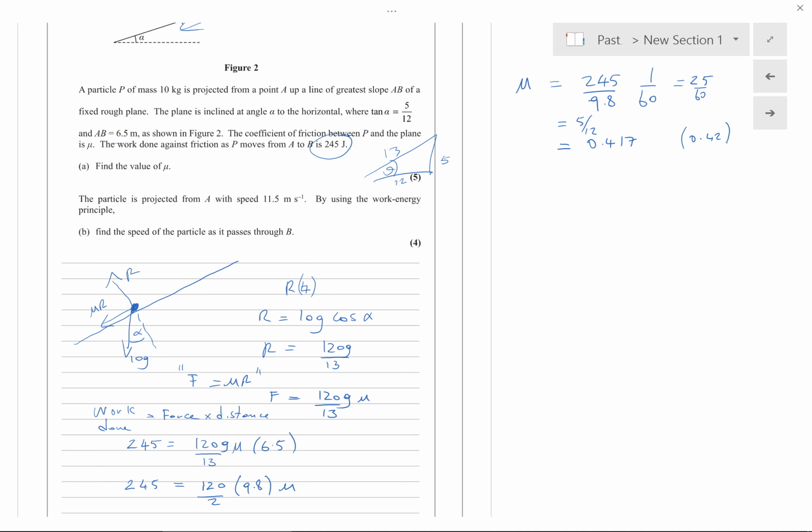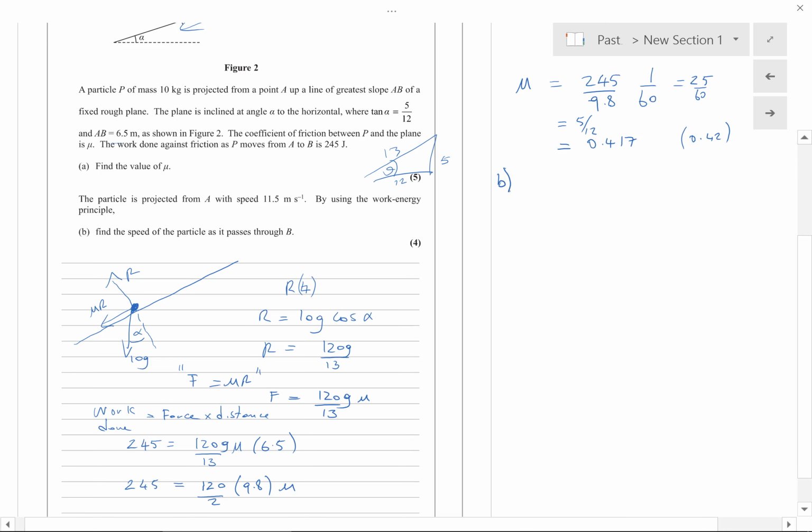So what's wrong with a fraction in that case? But there we go. That's what they do. It says clearly in the scheme, do not accept 5/12. Cannot have an exact value following the use of 9.8. So I could have easily fallen foul of that myself if I hadn't been reading the scheme before I prepared this video. Anyway, this is part B.